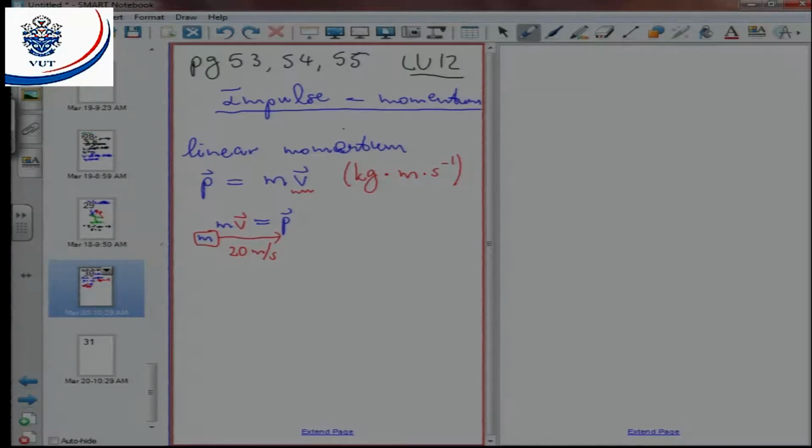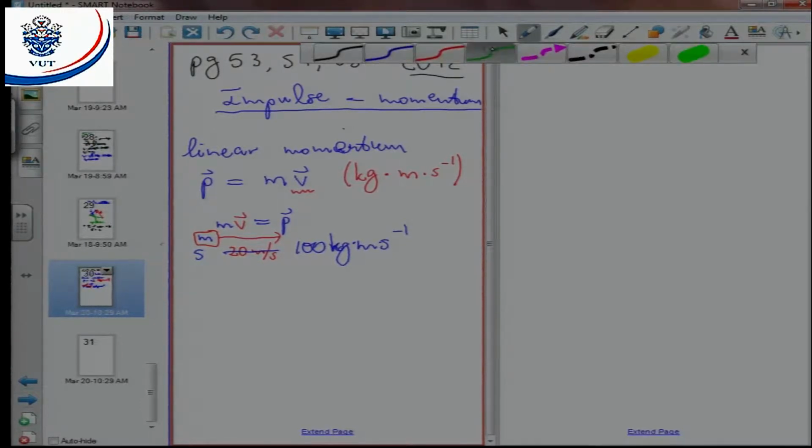Maybe the mass is 5, so we multiply the 5 by 20, so the new vector is 100 kilograms times meters per second. Okay, so that's the definition of momentum.